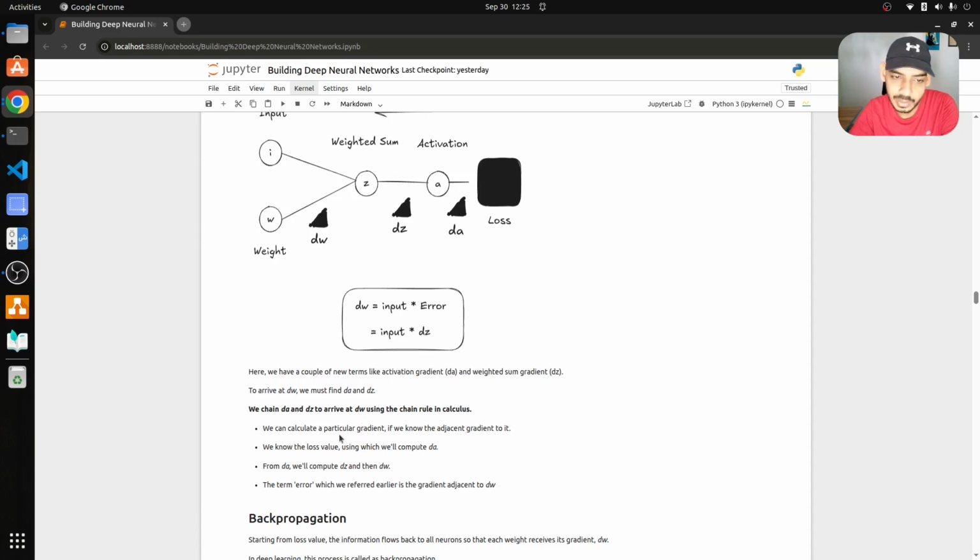We calculate a gradient if we know the adjacent gradient to it. For dw, the adjacent gradient is dz, and for dz, the adjacent gradient is dA. So we know the loss value here, using which we'll compute dA, and from dA we'll compute dz, and then we'll compute dw, the error term which we referred to earlier in gradient descent.